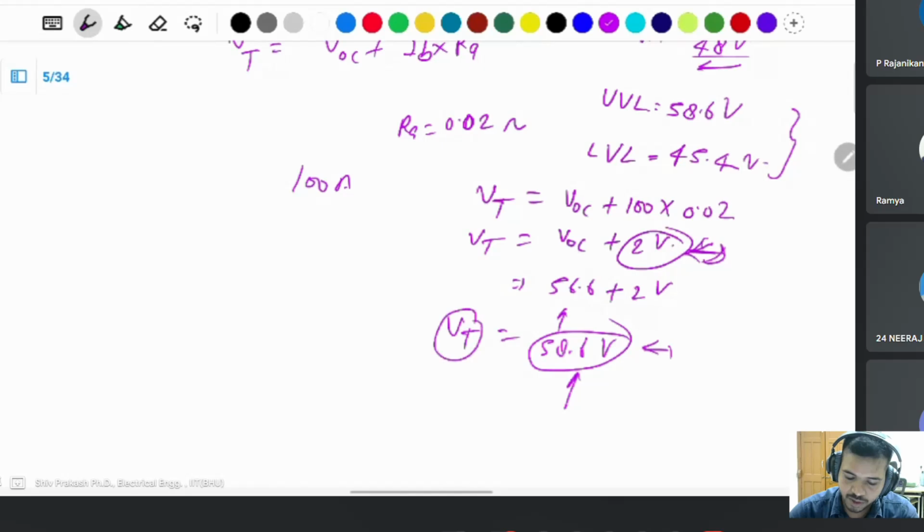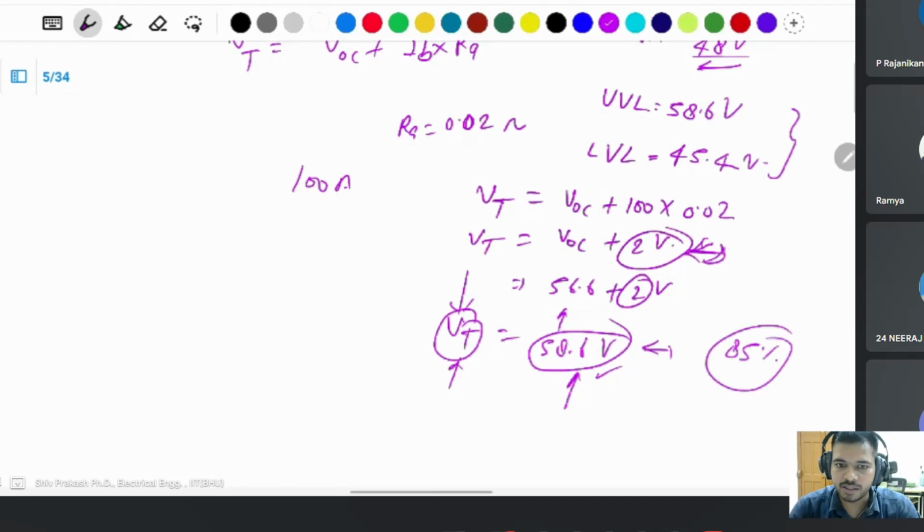You can sense only the terminal voltage of a battery, not the open circuit voltage. It shows 58.6 volt like full charging, but it is not fully charged because of this voltage drop. Then it will be charged at 80%, 90%, 85% like that.